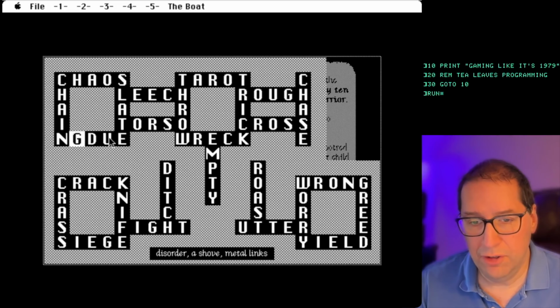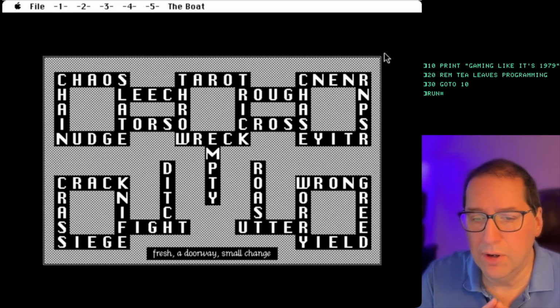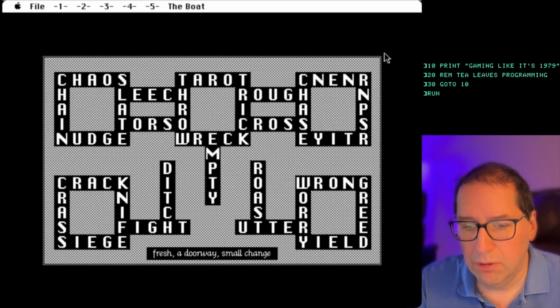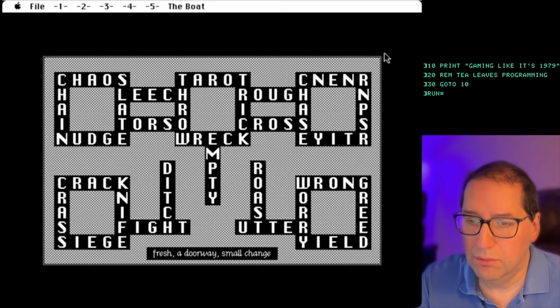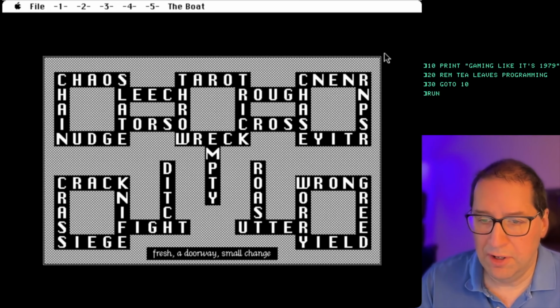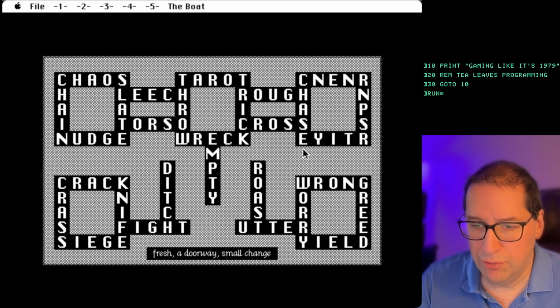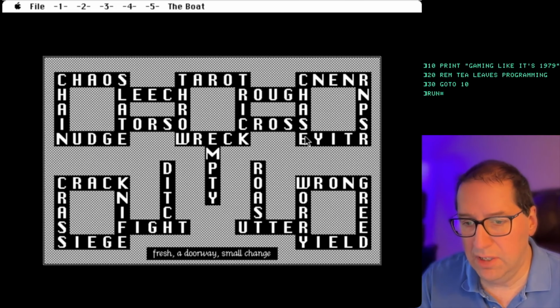A shove is a nudge. All right, 3 more. Fresh, a doorway, small change. One word starts with C and one word starts with E. Entry could be a doorway, right?